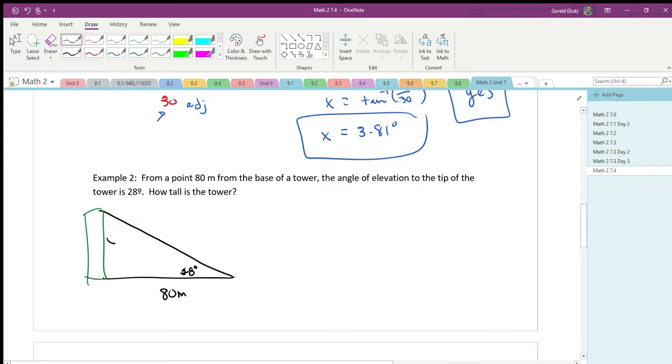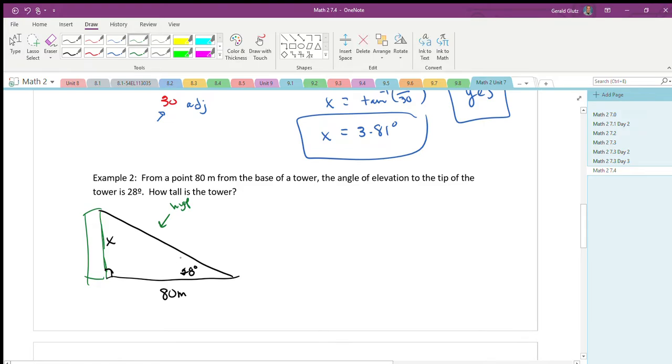So we want to know, how tall is this tower? So this is a 90-degree angle right here. So I know if this is the 90-degree angle, this has to be the hypotenuse. And these are the two legs.